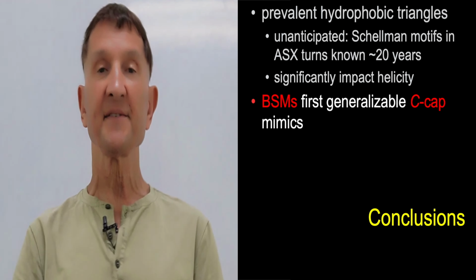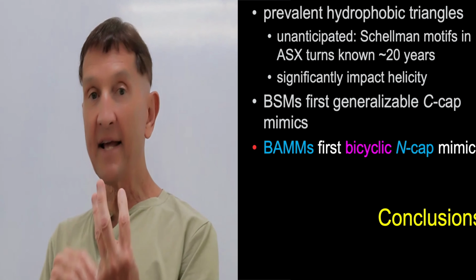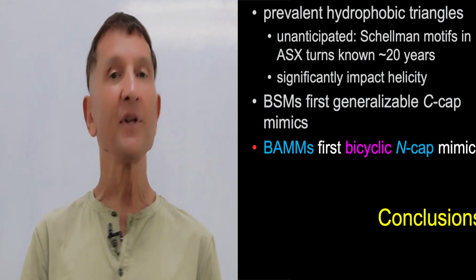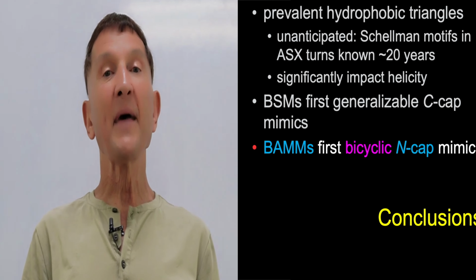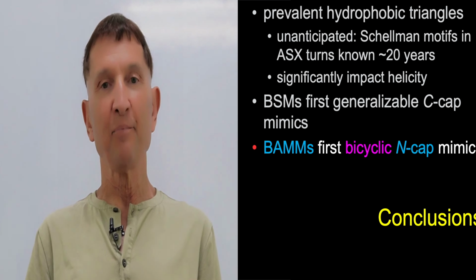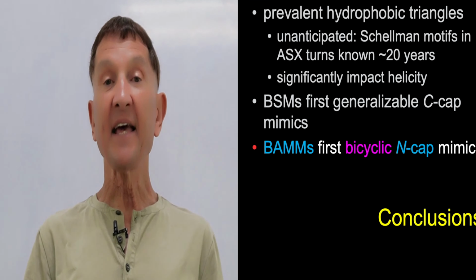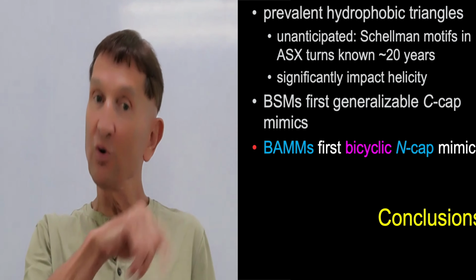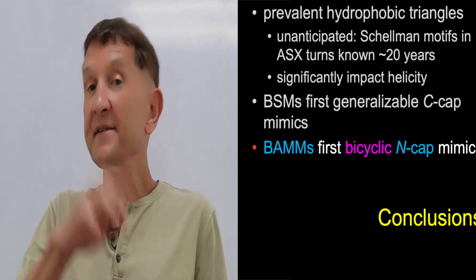We needed a complementary approach at the N-terminus, and we found a set of 3 residues. We substituted them again with clips, precursors, and made BAMs, bicyclic ASX motif mimics. Again, these are quite rigid. They're not single ring systems like the previous N caps or like staple systems.